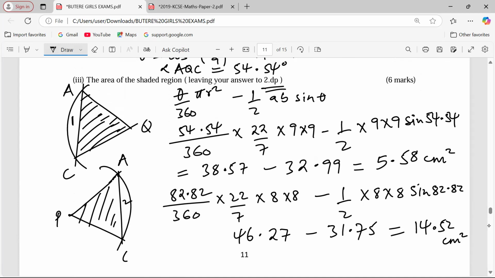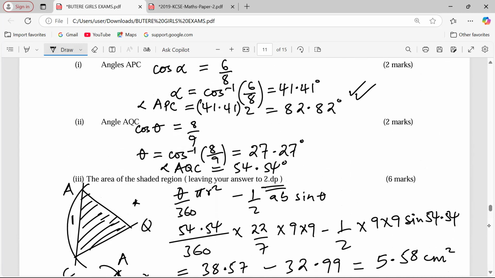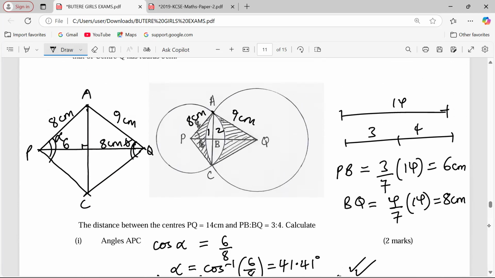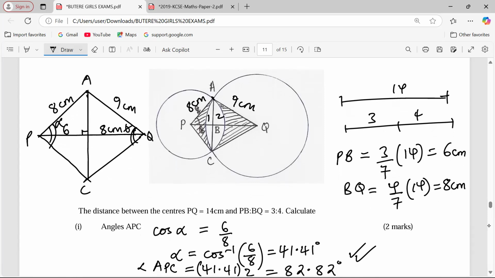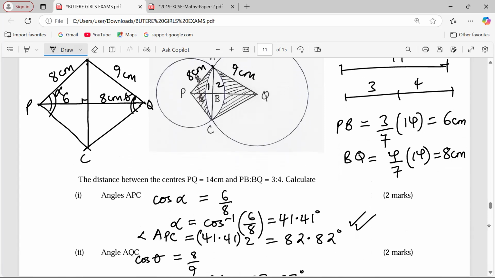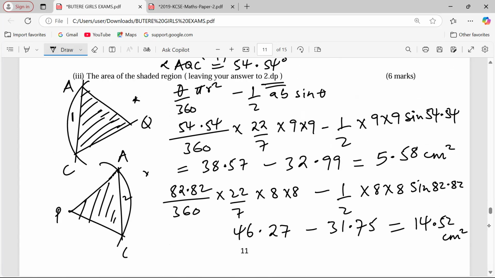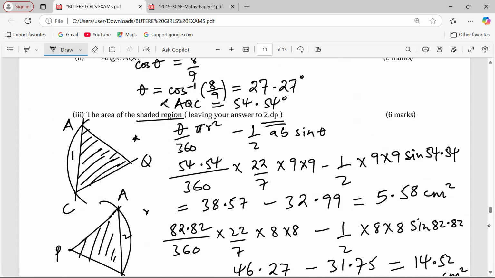Now the combination of this sector and this other sector is what gives us the unshaded area in this case. The unshaded area. And remember, what we need is the shaded region.